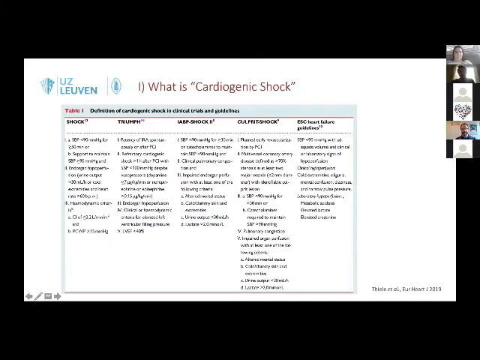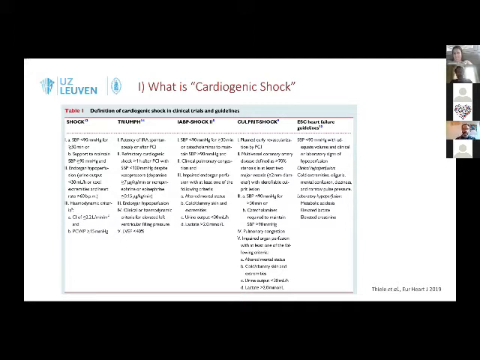So first of all, I would like to give you a definition of cardiogenic shock. And as this nice figure from 2019 shows you, it's not that easy to give you one definition of cardiogenic shock.